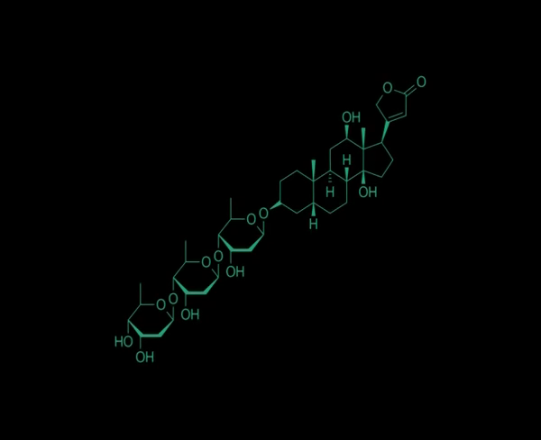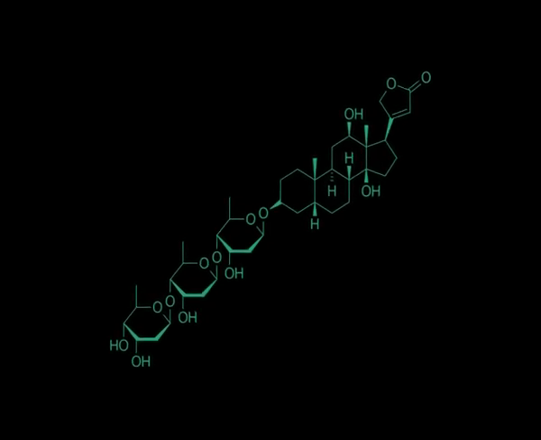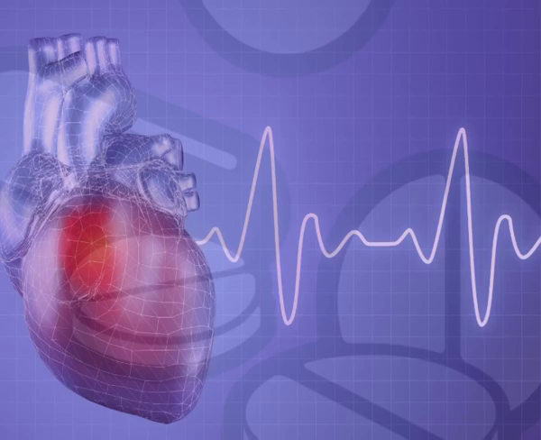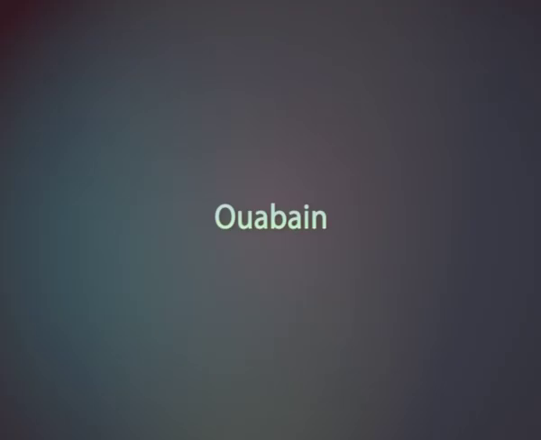Digoxin. It is a Digitalis lanata glycoside of digoxigenin. Because of its moderately fast onset of action and relatively short half-life, it has become the most frequently prescribed digitalis steroid. It may be given orally, intravenously or intramuscularly. Ouabain.